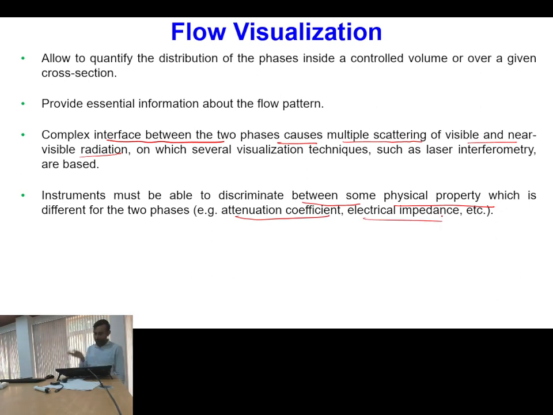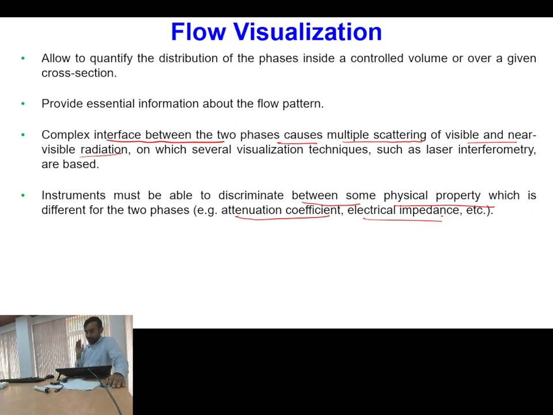Whatever properties were there for void fraction, only similar properties we will be employing here. The only difference is that while measuring local void fraction, we were only interested in determining the phase density function at a single location, and with gross approaches we determine the complete void fraction across the entire cross section.